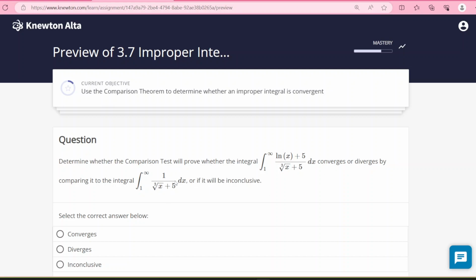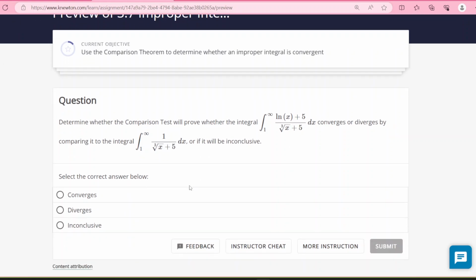Determine whether the original integral converges or diverges, or if it's inconclusive, by the comparison test. All right, so once again, I'm going to look at these and we've got to determine which of these integrands is actually the larger function here, which one's the smaller function over the interval from 1 to infinity. All right, so let's do that.